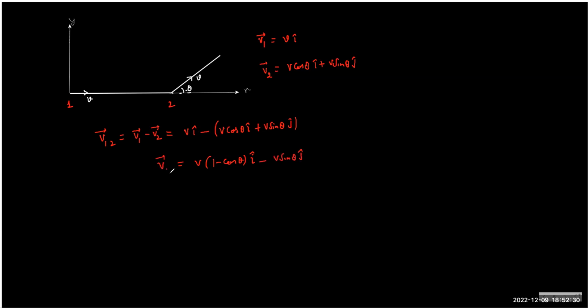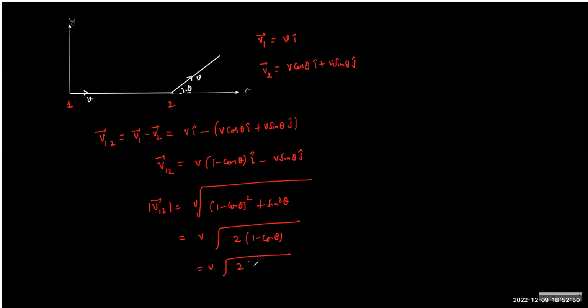The moment you get a vector in I and j, you can take the modulus. The formula is I cap coefficient whole square plus j coefficient whole square. If you solve it, you will get 2v squared into 1 minus cos theta. Further, this becomes 2 sin square theta by 2, which will give the answer 2v sin theta by 2.